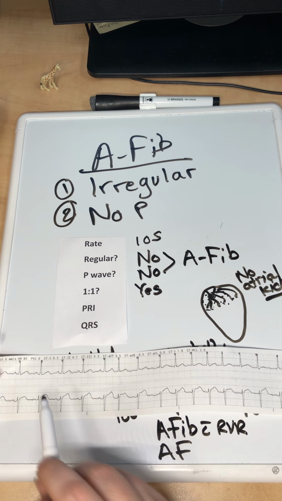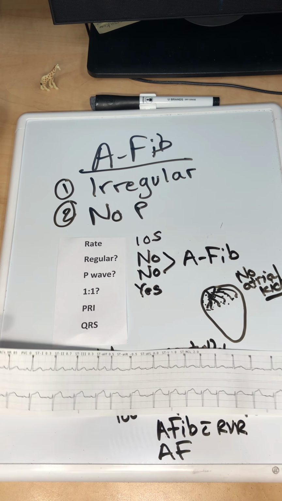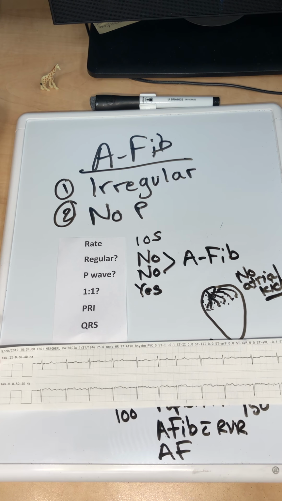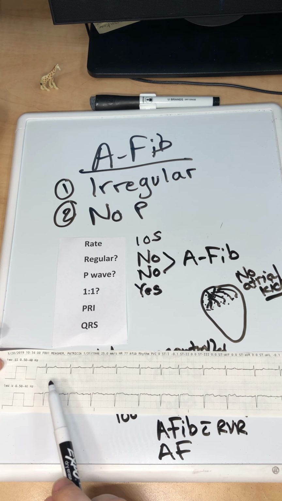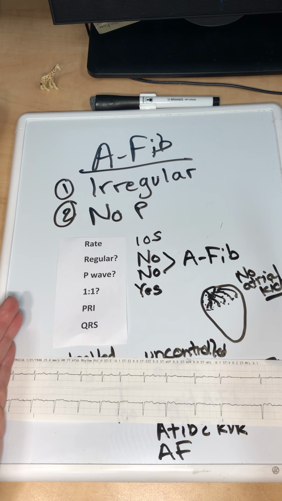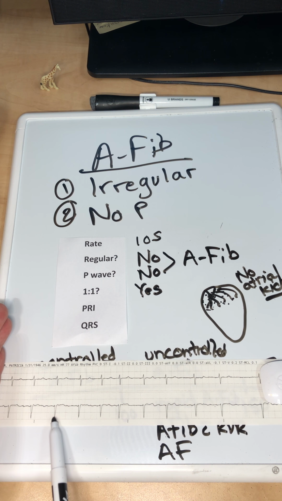So I showed you the rhythm that goes from sinus into AFib. Here's another rhythm here. Here's our 6 seconds, right? 1, 2, 3, 4, 5, 6, 7, 8. So heart rate 80.